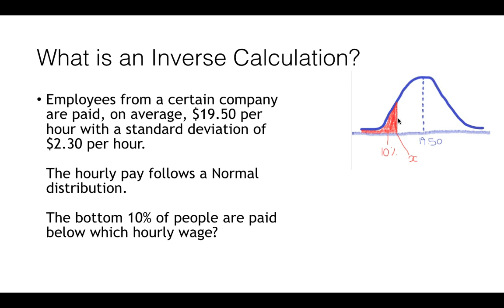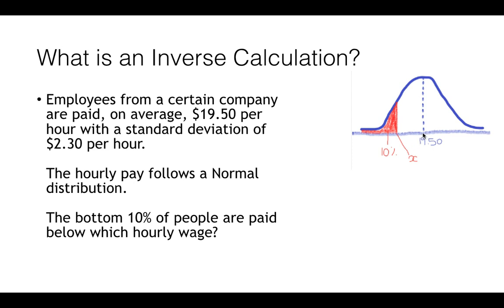I've then coloured in red the bit that I'm interested in. So I'm interested in this number here, which has 10% of the area of the graph beneath it. Okay, so I need to work out what this value here is.